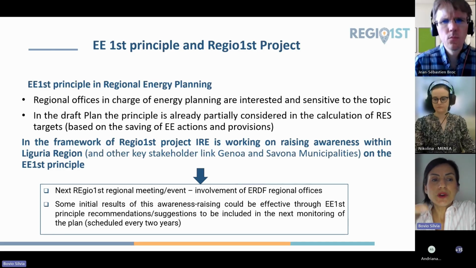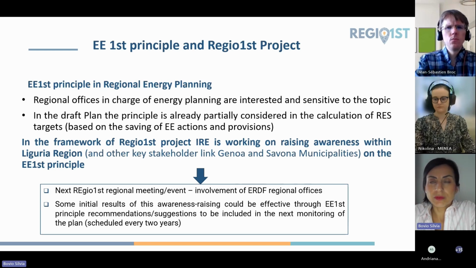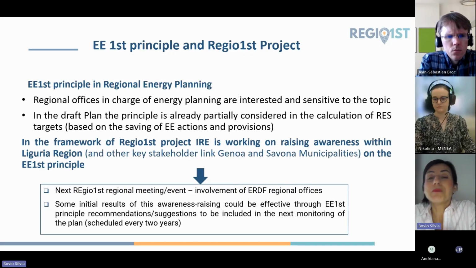And as I said before, in the draft version of the plan, the principle is already partially considered. But now IRE is working on raising awareness within Liguria region, and of course the other stakeholders, that are Genoa and Savona municipalities, on the energy efficiency first principle.